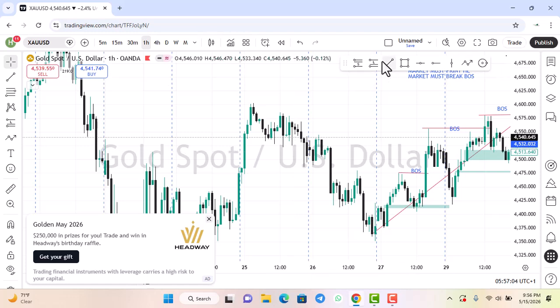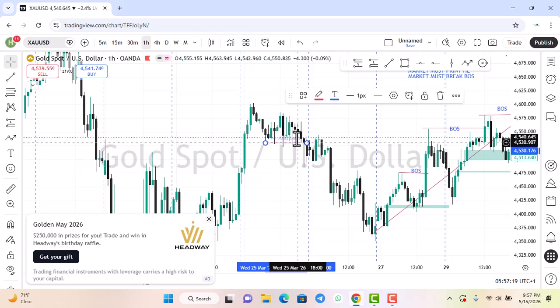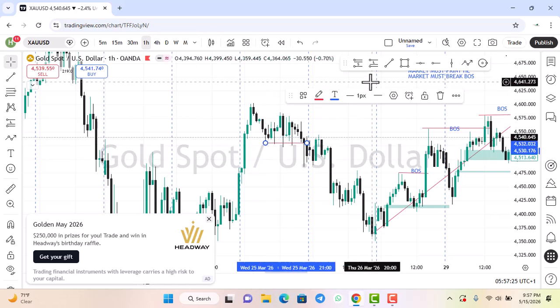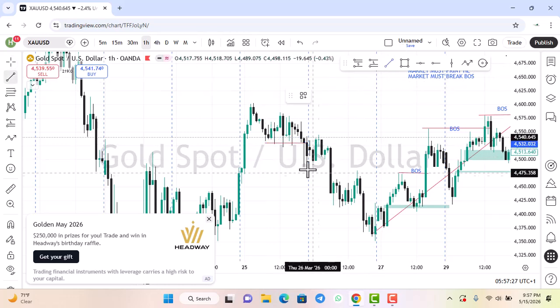So if you want to determine a valid market structure, we now mark the wick of this candle here, the wick of our lower low, then we wait for price to come down and break that lower low, and a candle must close below that lower low. Very fine, we have a valid break of structure.